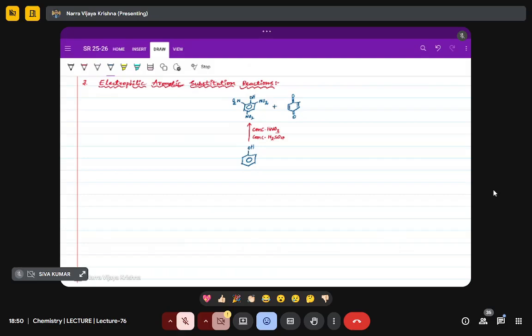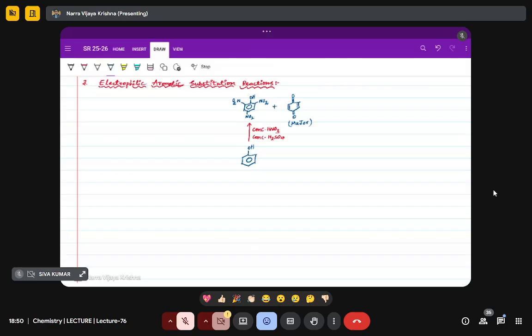So this is quinone. Now, as this is a very strong oxidizing agent, we generally expect picric acid as the major product. But here, which will be the major product? Quinone will be the major product, because this is a good oxidizing agent.